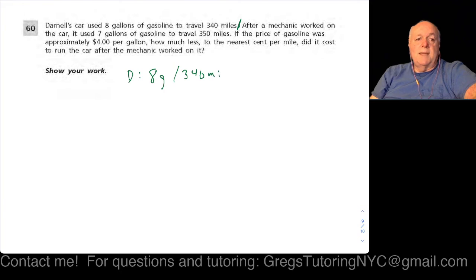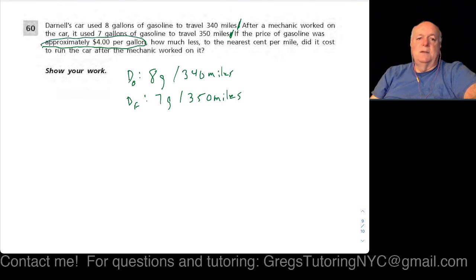Okay. After a mechanic worked on it, so this is Darnell original, Darnell fixed, should we say, is 7 gallons to go 350 miles. Okay. If the price of gas was approximately $4 per gallon, notice they say approximately.